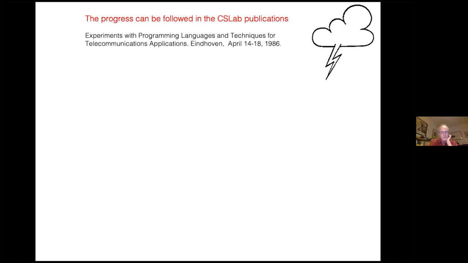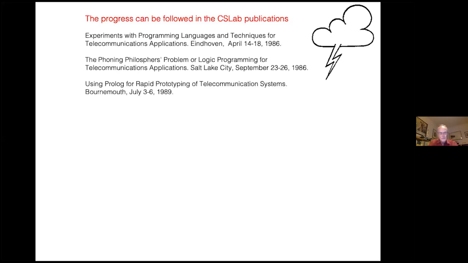The interesting thing is that this program that I've been telling you about can be followed in CS Lab publications. Here we presented all of these language experiments at the conference in 1986. And then that was followed when we restarted the whole project, when Joe joined the team.